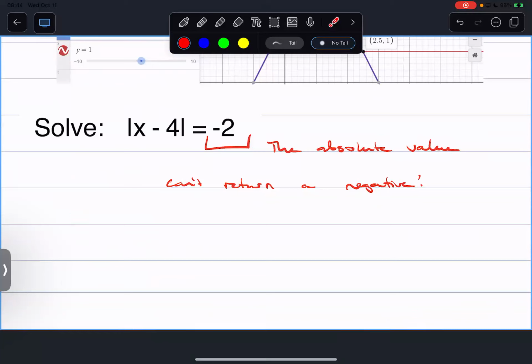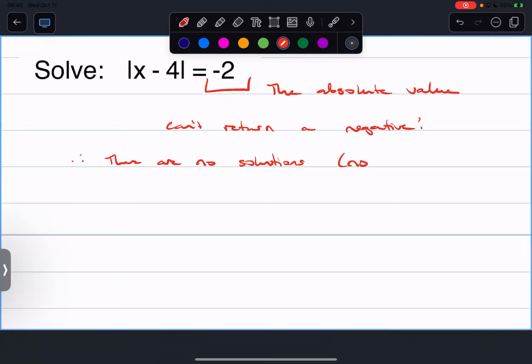So therefore, there are no solutions. No value of x can turn the absolute value of x minus 4 equal to -2.